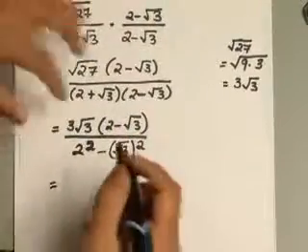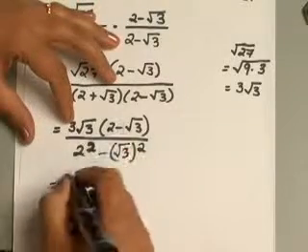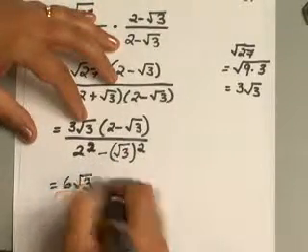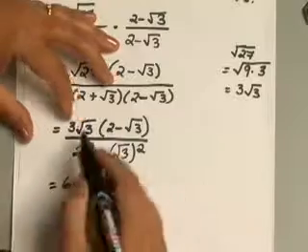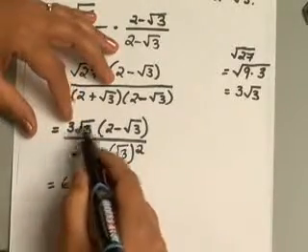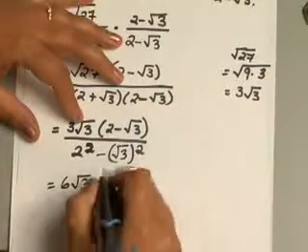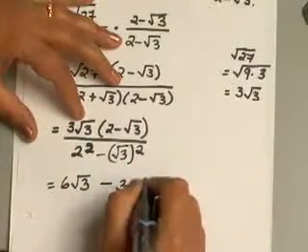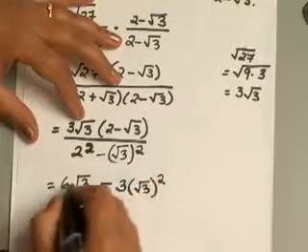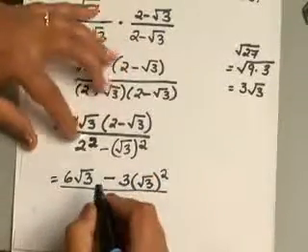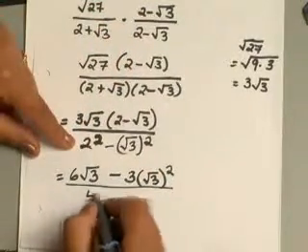And let's see, that will give us 3 times 2 is 6 square root of 3 on the numerator. And then when I multiply 3 square root of 3 into this square root of 3, that is square root of 3 squared. Denominator will be 2 squared is 4.